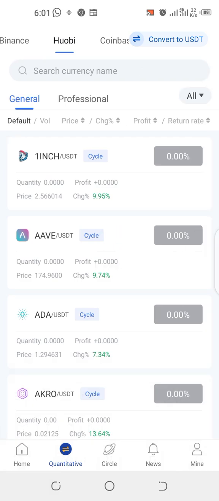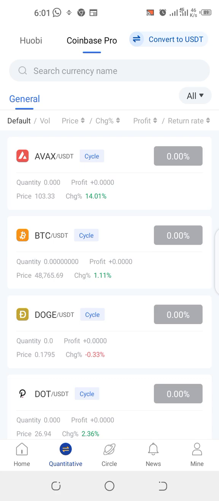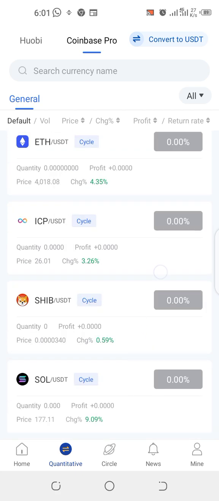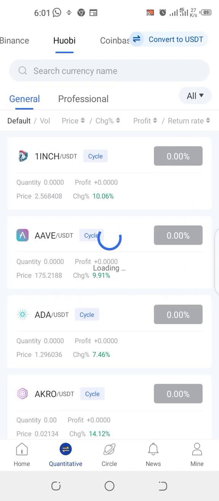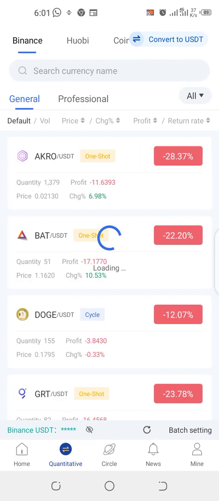UOB, 1inch, it's actually the same list of coins. Okay, and then currently, if you've updated your application, you will see Coinbase Pro. If you've not yet updated it, you won't see that. But same list of coins ultimately, so you might not be missing anything if you're not trading on those other two exchanges.